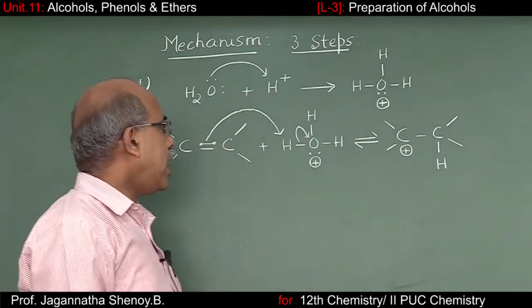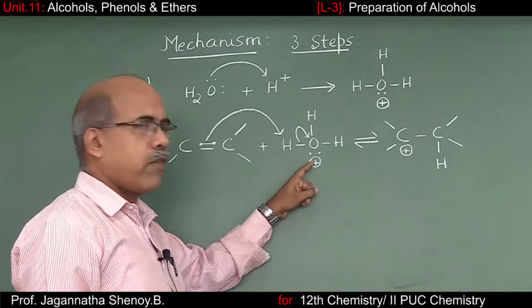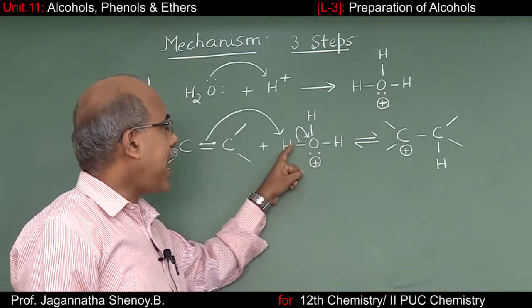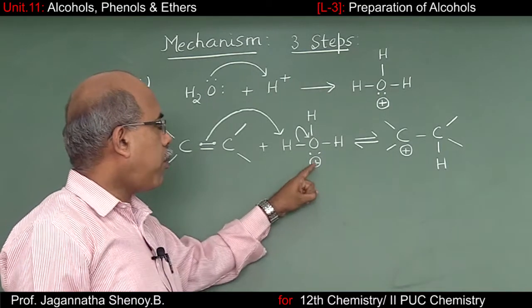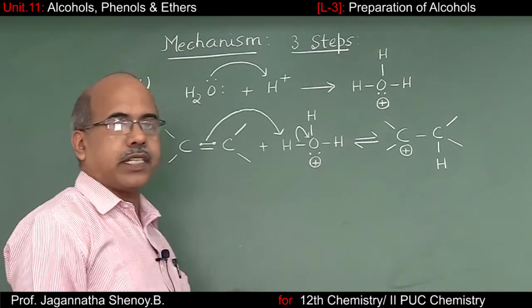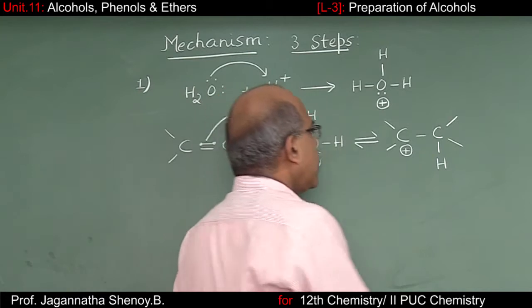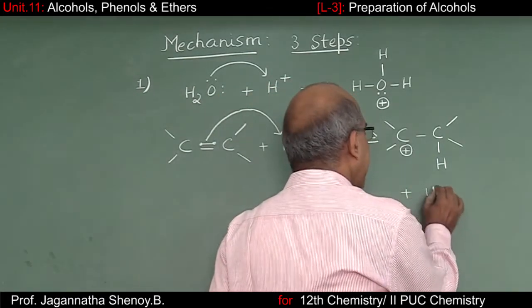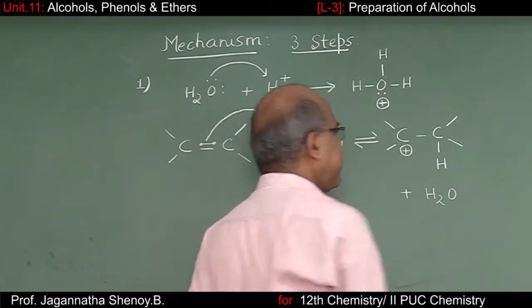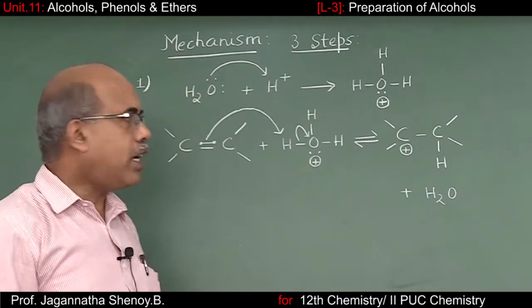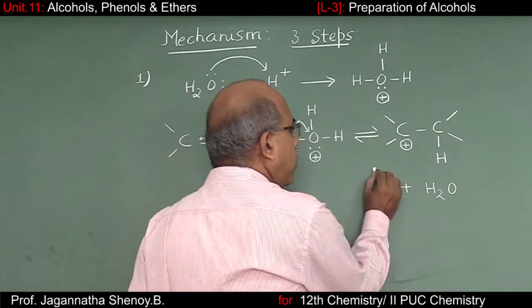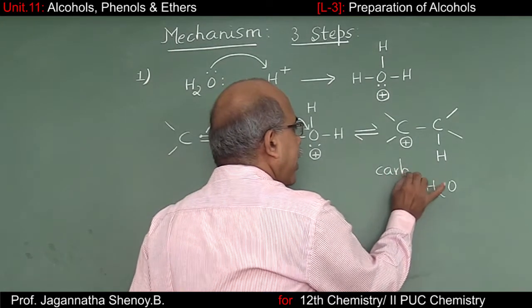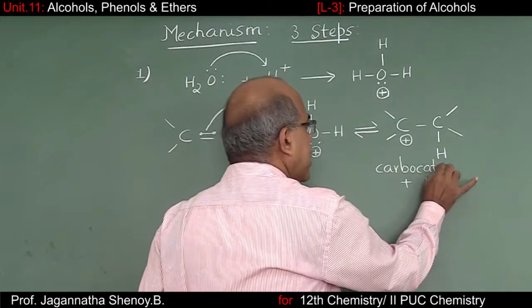In addition to that, oxygen with a positive charge has accepted 1 electron from hydrogen. That's why the positive charge of oxygen is neutralized. So the other product formed is H2O. Or in other words, at the end of step number 1, what is formed? A carbocation intermediate is formed.